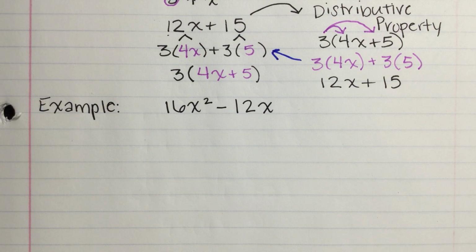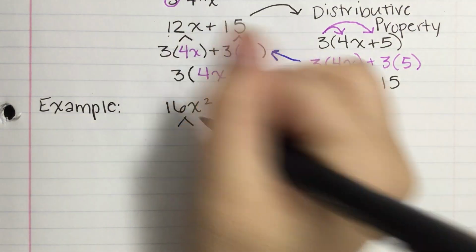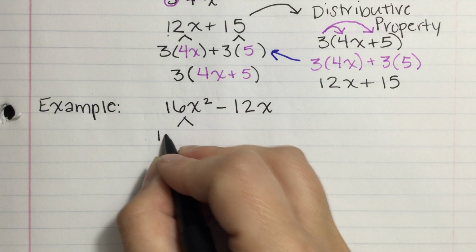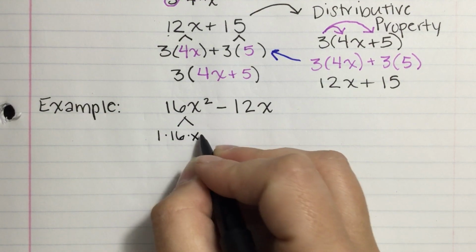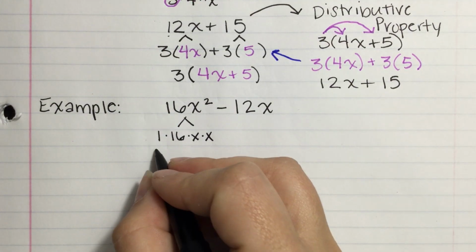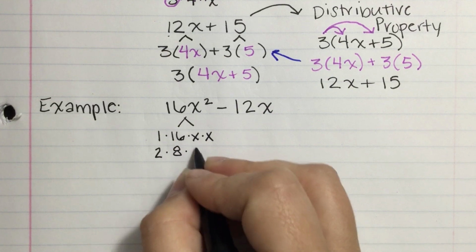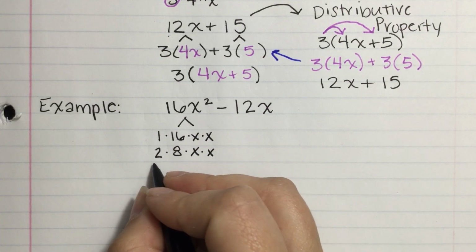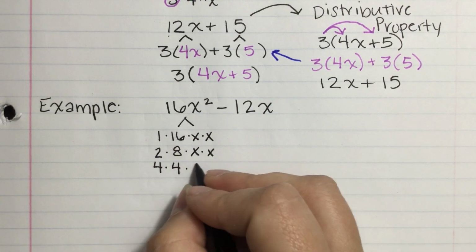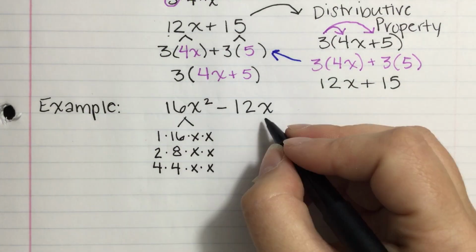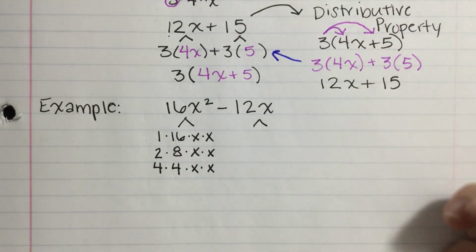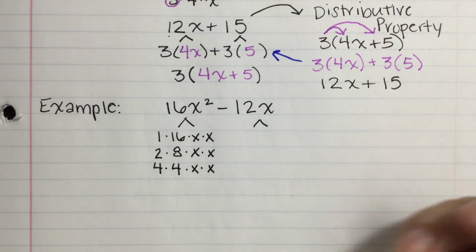So again, I'm going to split my two numbers up into their factor pairs. 16, I'm going to have 1 times 16 times x times x, 2 times 8 times x, and 4 times 4 times x. And then 12, and you'll notice I'm going to be ignoring the negative sign for right now. We will come back to it.